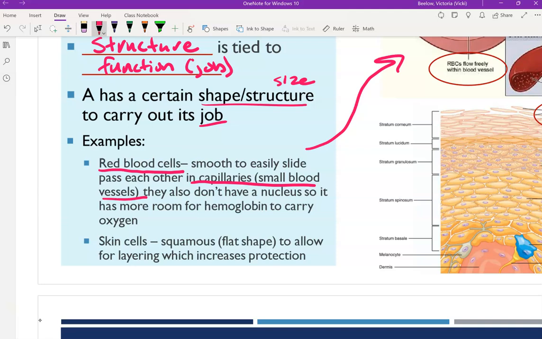This is the one example in the body of a cell that doesn't actually have a nucleus, because we take that part out so that we can have more room for hemoglobin, which is a protein that carries oxygen, because that's the job of red blood cells: to deliver oxygen to all the different parts of the body.